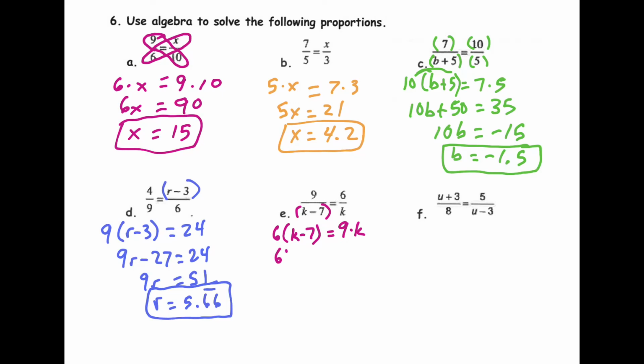When I distribute that, I get 6k minus 42 is equal to 9k. I can then subtract the 6k over. Negative 42 is equal to 3k. And then I can divide by 3 on both sides to get k is equal to negative 14.